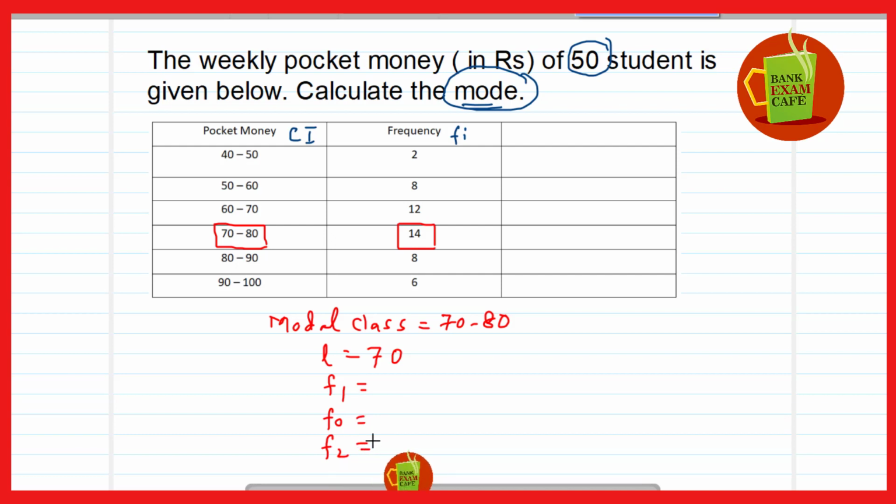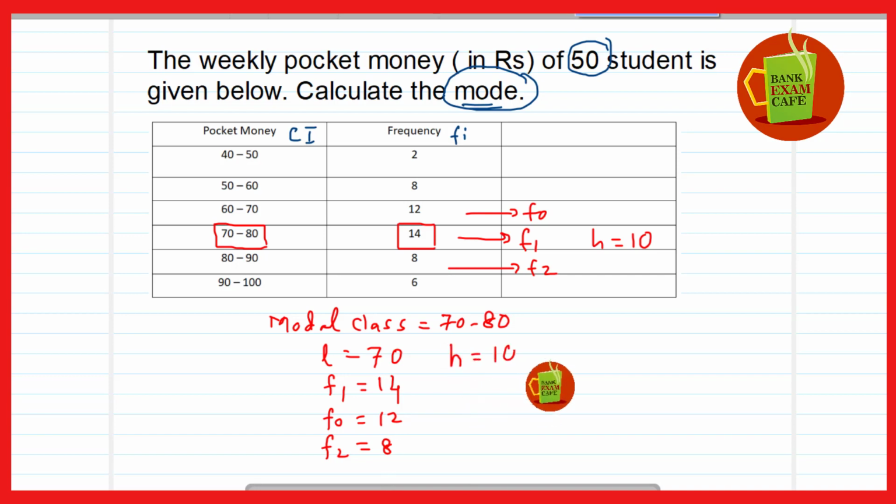So 14 we take as F1, this we take as F0, and this frequency we take as F2, and we also require H. H is the difference between the upper limit and the lower limit, and that H is 10. So here F1 is 14, F0 is 12, F2 is 8, and H is equal to 10.